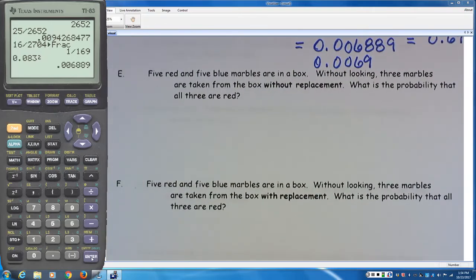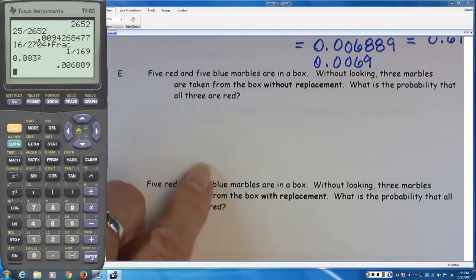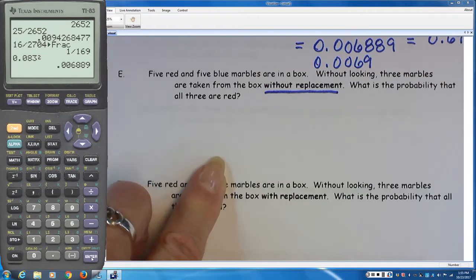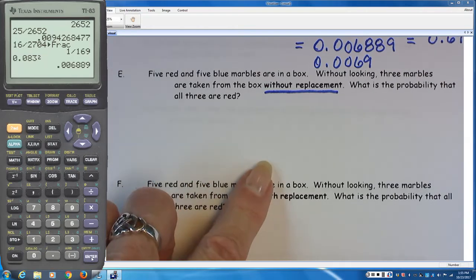You've got 5 red and 5 blue marbles in a box. Without looking, you're going to take 3 marbles out of the box without replacement. Independent or dependent? They're dependent.